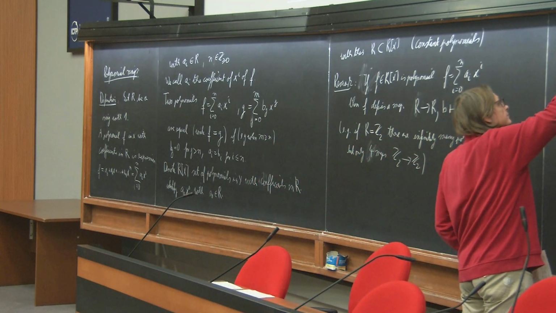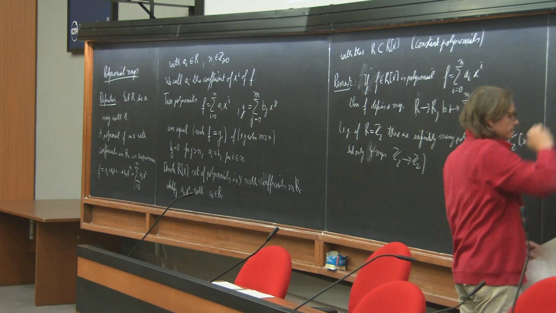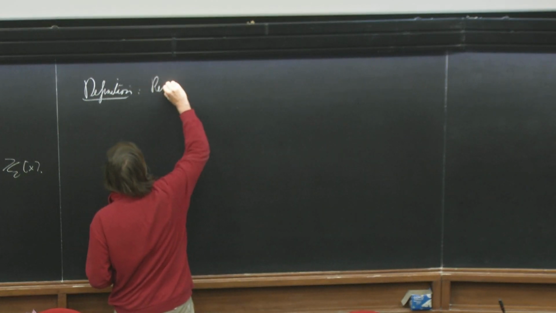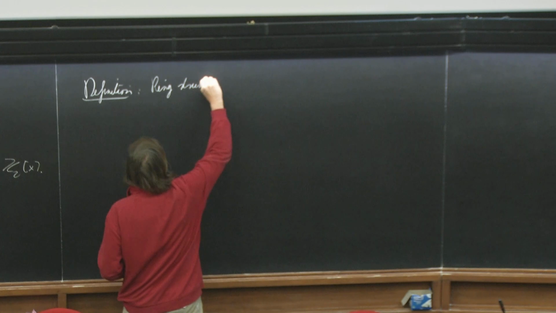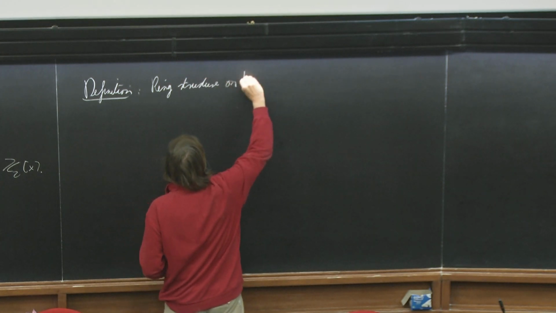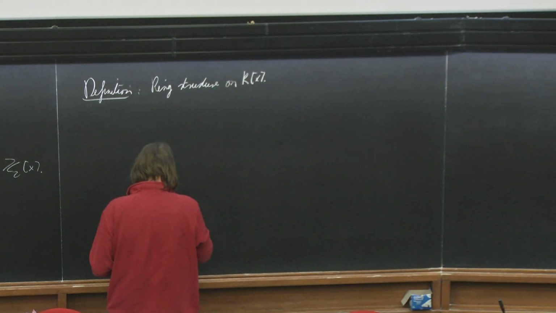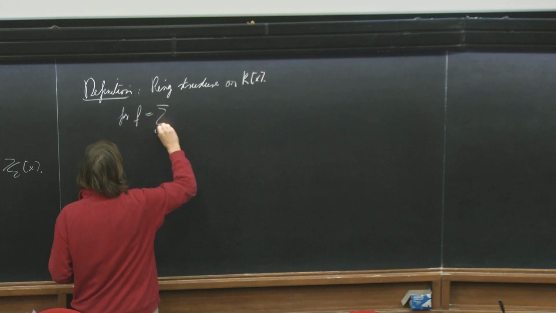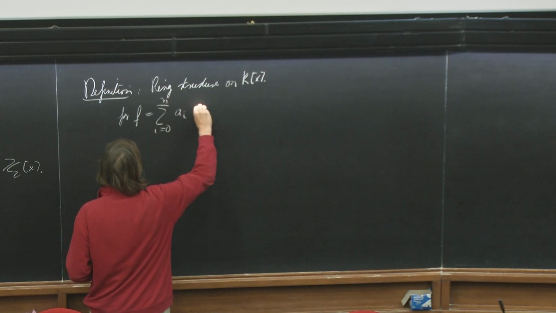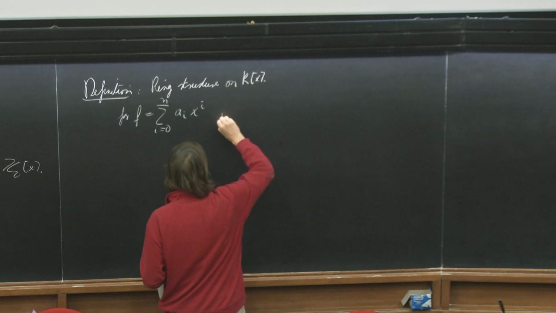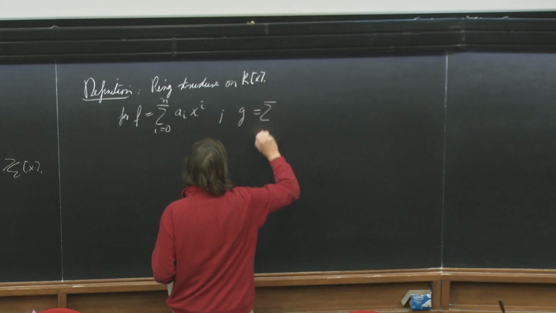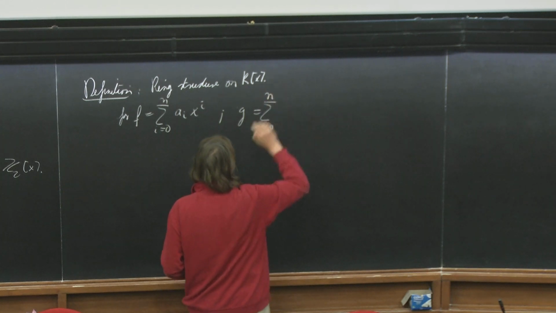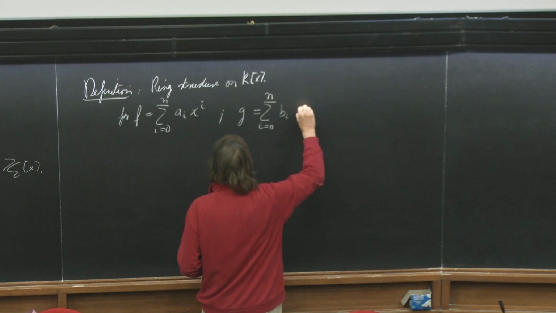And so we get then the following definition. We define a ring structure on R[x], namely for f equal to the sum i equals 0 to n of a_i x to the i, and g equal to the sum, say also i equal to 0 to n of b_i x to the i.